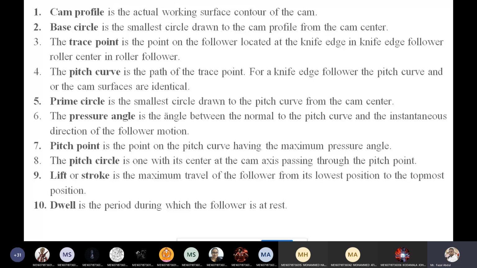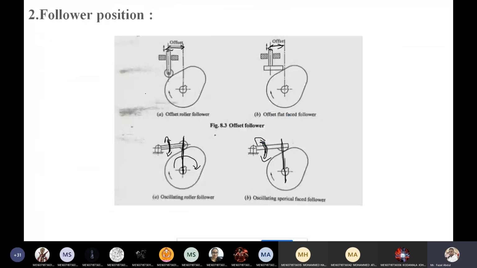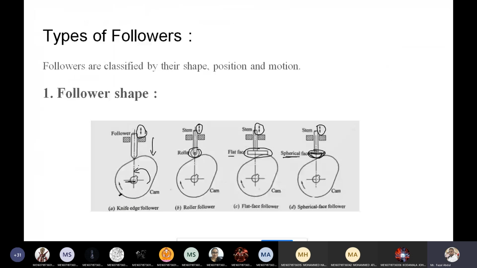For the knife edge follower, the pitch curve and the CAM surface both are the same, because the pitch curve is where the trace points exist, joined by free hand.